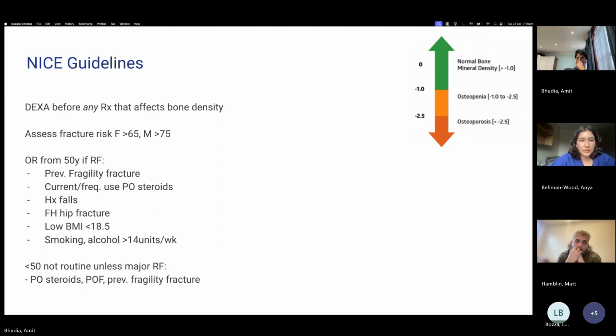So we assess fracture risk using the FRAX score or QFracture, I think it's the other one. If a woman is over 65 or a man is over 75, or younger if they've had any of these risk factors. So like in the question just now, starting certain medications or being on long-term steroids. So yeah, I think that's everything about that.